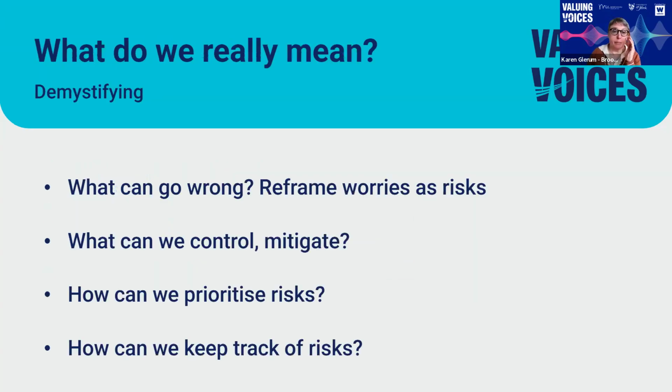So just to demystify it all a bit, strategic risk mapping is basically about being extremely pessimistic for a minute, not all the time, but for this particular exercise. Think of all the things that could go wrong in your project, and brainstorm about that.